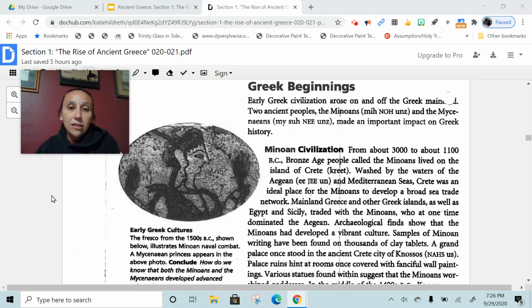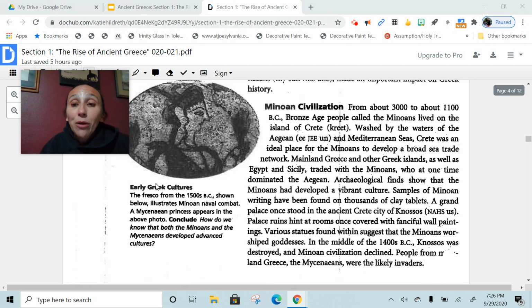So, Greek beginnings. Early Greek civilization arose on and off the Greek mainland. Two ancient peoples, the Minoans and the Mycenaeans, made an important impact on Greek history. From about 3000 to 1100 BC, Bronze Age people called Minoans lived on the island of Crete.